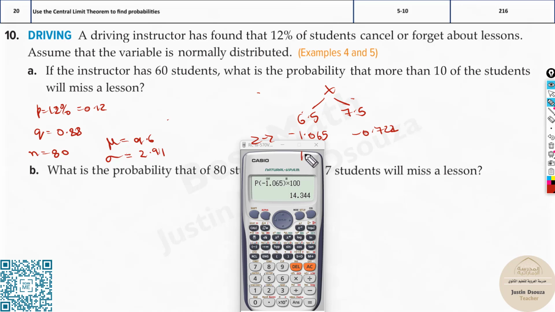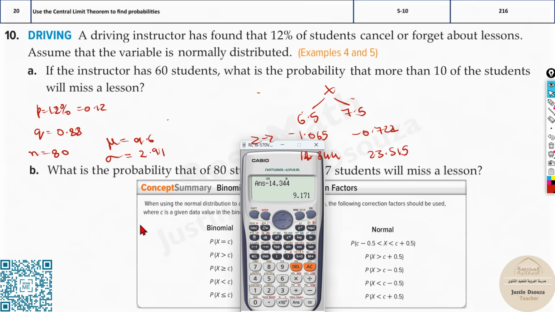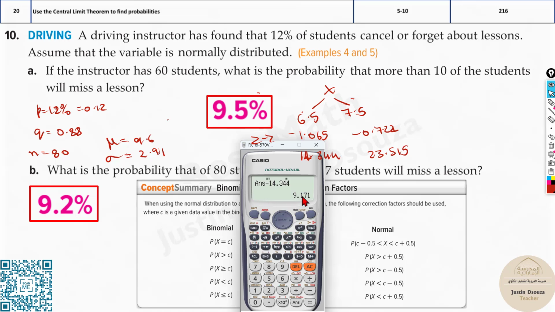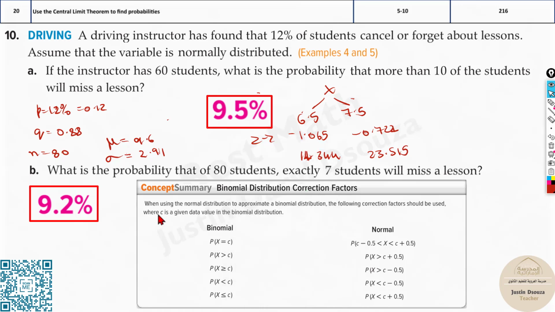Okay, 14.344, and over here the last one is 0 minus 0.722. It's 23.515. So all you do is subtract this by 14.344. The answer must be 9.2%, because when you round it off, it'll be 9.2.